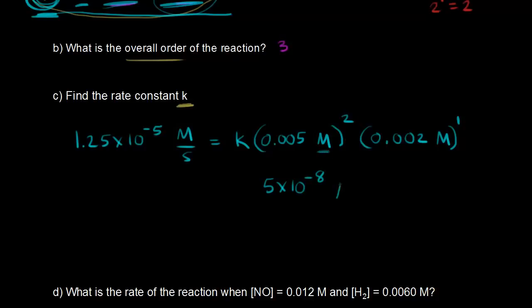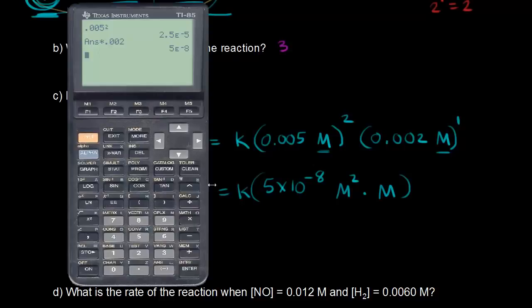This would be molar squared times molar over here, and all of this times our rate constant K is equal to 1.25 times 10 to the negative 5 molar per second. Let's go ahead and find the number first, and then we'll worry about our units here.